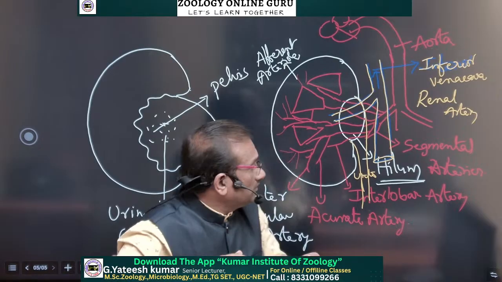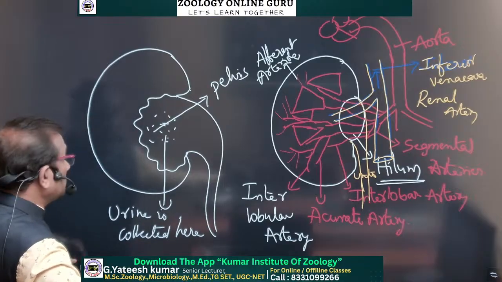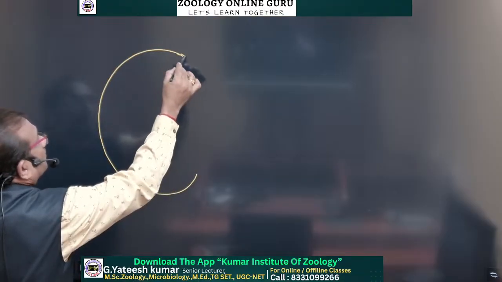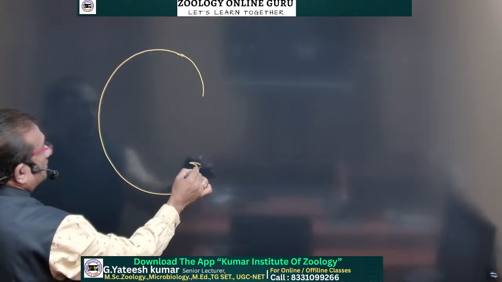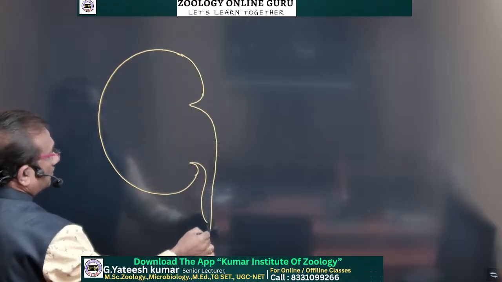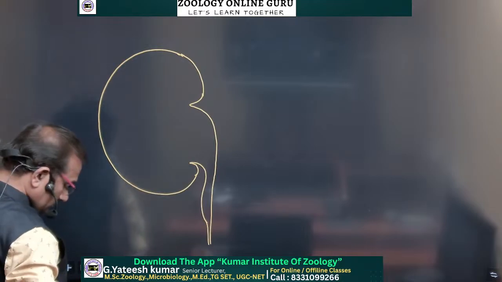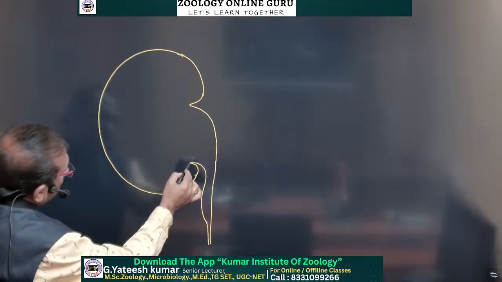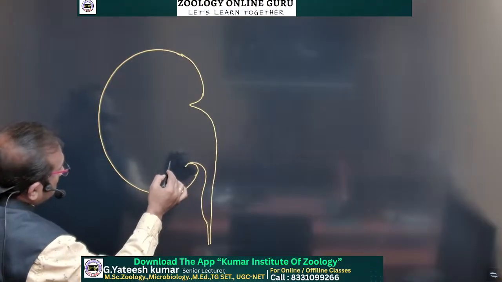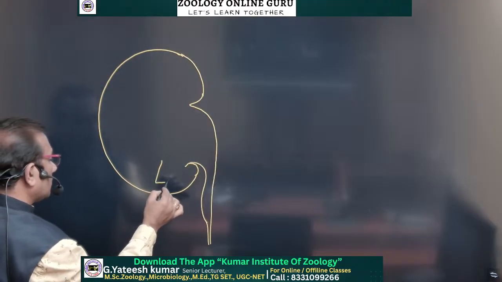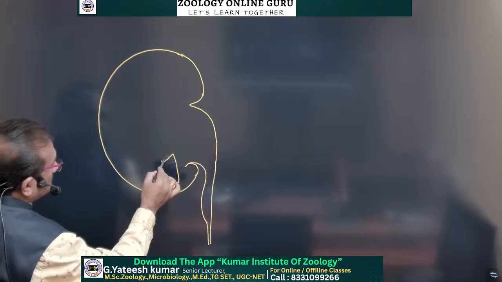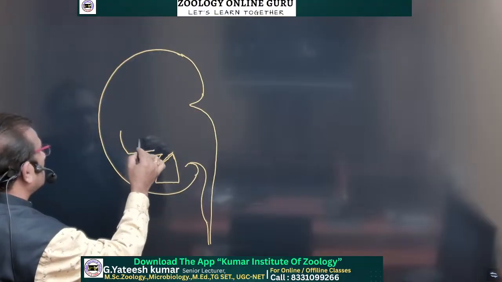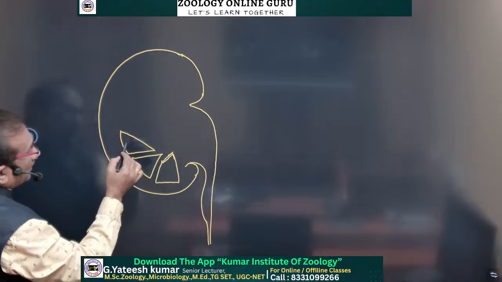Next, coming to the pelvis area. Just now we discussed the pelvis area. So this is the pelvis. Here there are renal pyramids.